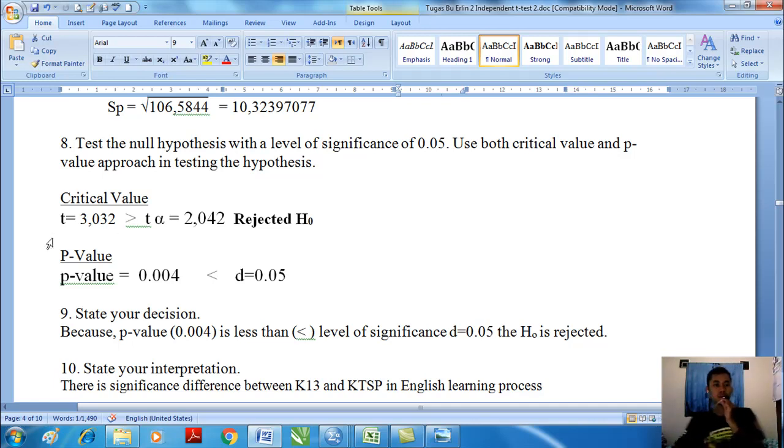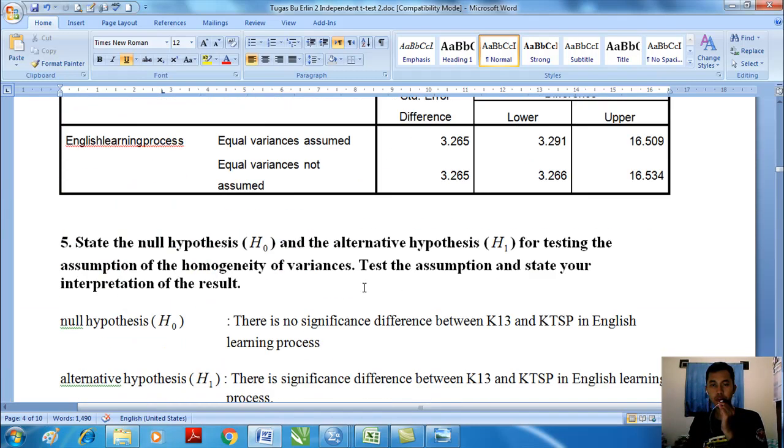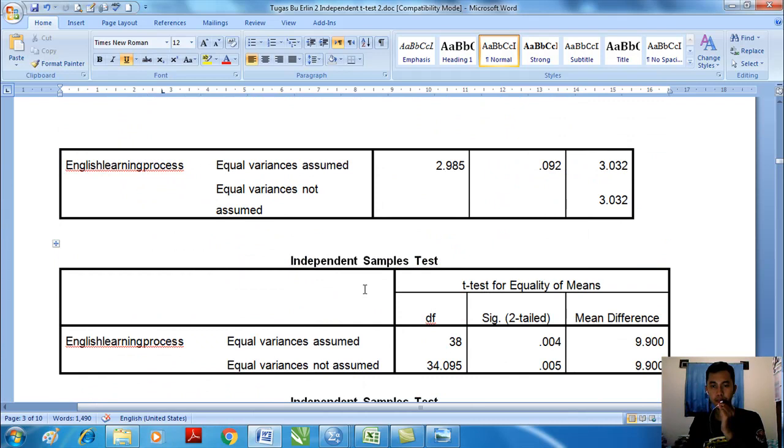Coming to the critical value approach: if the t statistic is more than T alpha, the null hypothesis will be rejected. And then the p-value is 0.004. We got it from this one. Look at this, equal variance assumed, same, right?